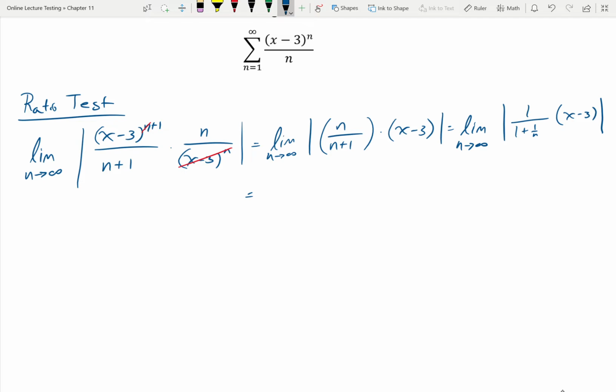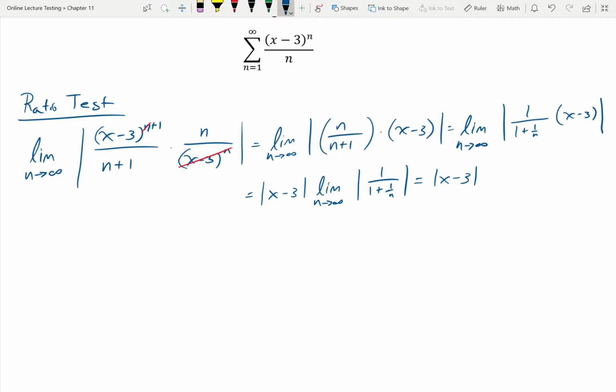In fact, this is some constant value because we're saying x is a fixed number. So I'm going to bring out the absolute value of x − 3 and still look at the limit as n approaches infinity of 1 over 1 plus 1 over n. Well, as n approaches infinity, this is going to go to 1. So all we're left with is the absolute value of x − 3.